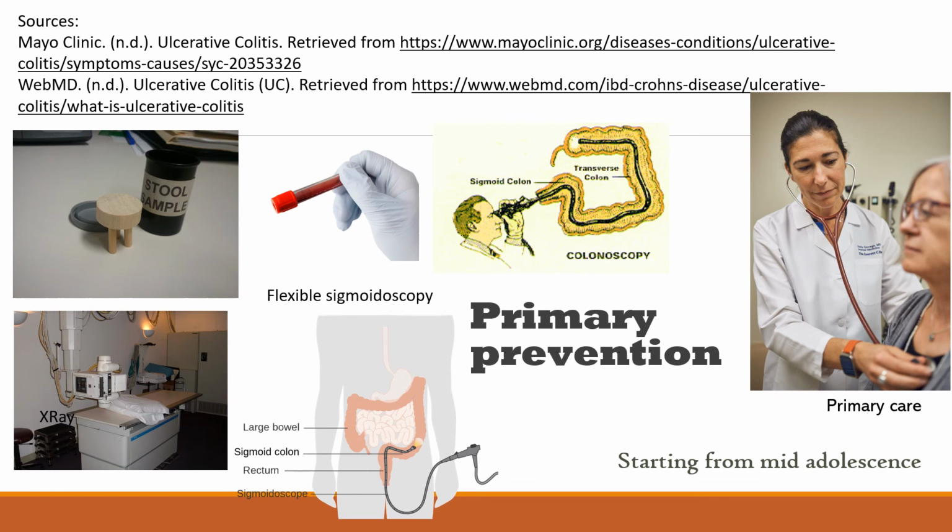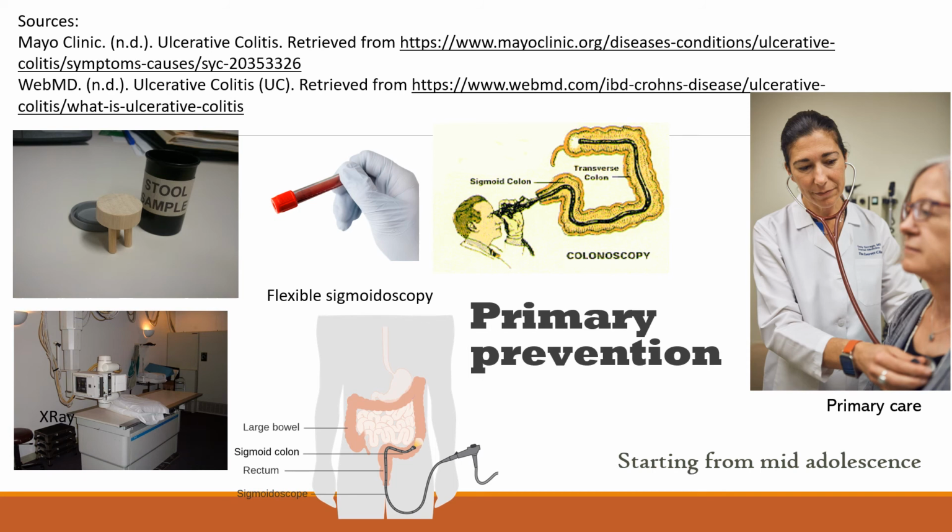Screening for ulcerative colitis in the form of stool sample, blood test, endoscopy or colonoscopy, or flexible sigmoidoscopy should begin from mid-adolescence because, as shown in the previous slide, ulcerative colitis is essentially bimodal. The risk peaks between ages 15 to 30 and peaks again from age 60 and onwards.